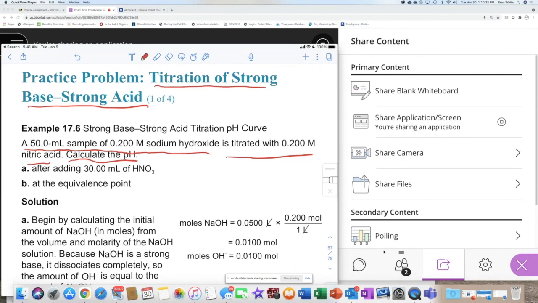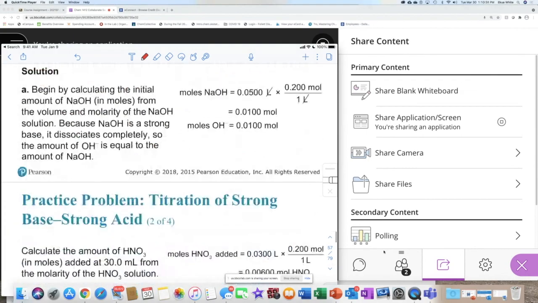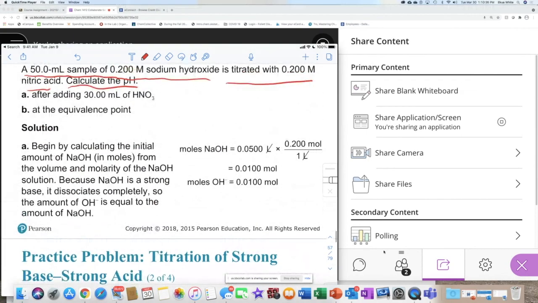Okay, so as we're solving this problem here, I'm going to walk you through what they do real quick. They figure out the amount of OH, because at the basic level, even though we're looking at nitric acid reacting with sodium hydroxide, we're really looking at H+ reacting with OH-. This is a net ionic equation. Remember the acid-base problem I asked you guys?